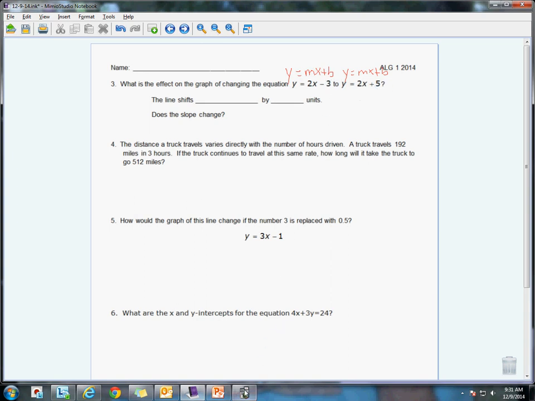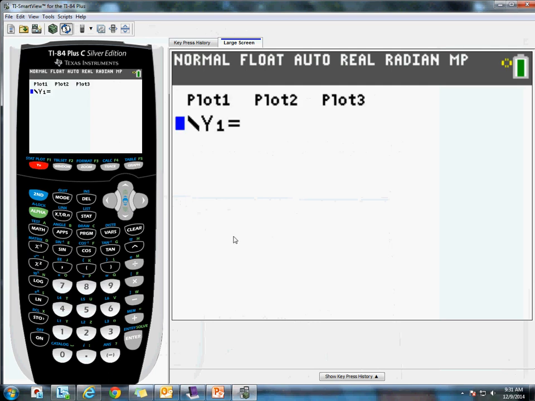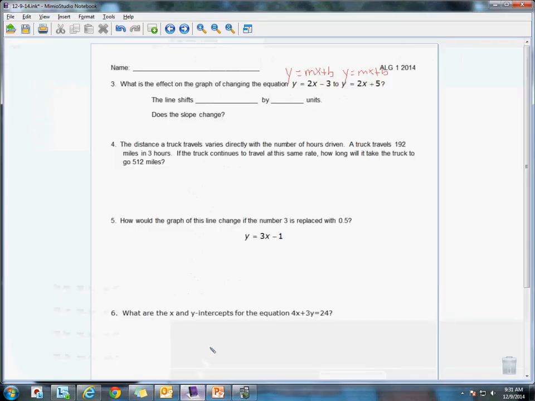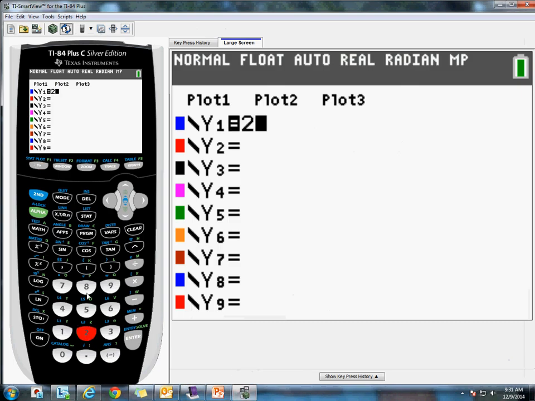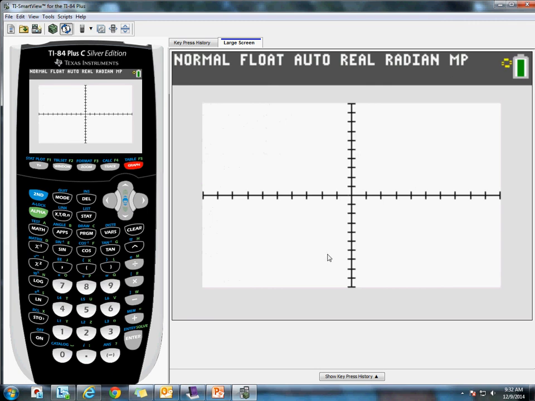So what you can do is put these into y equals. So we have 2x minus 3 and 2x plus 5. And if you look at the graph, here's my first graph, and here is my second graph.